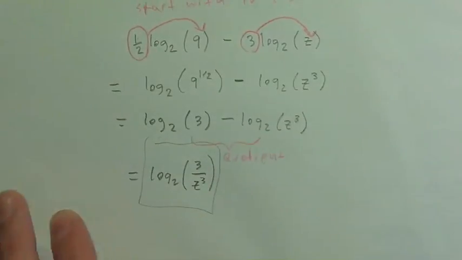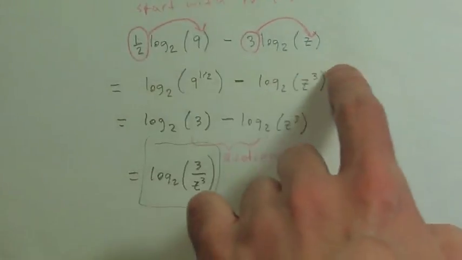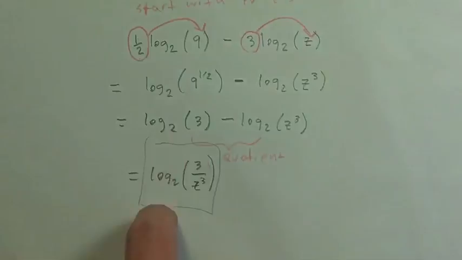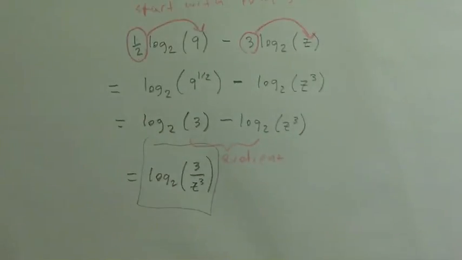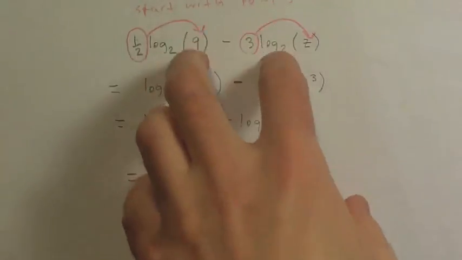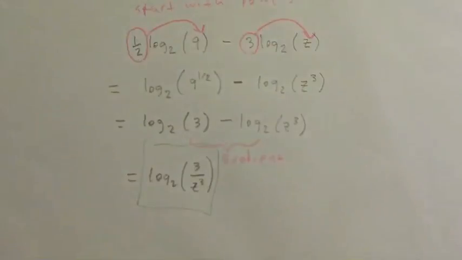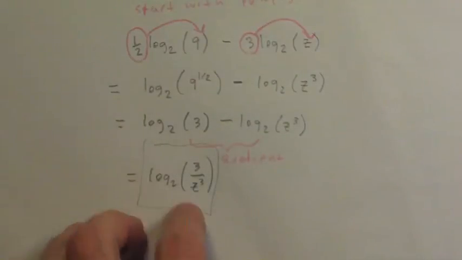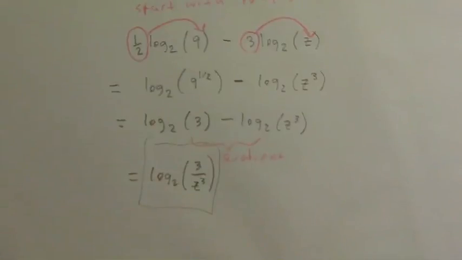We started with this expression and reduced it down to a single logarithm. Where this comes in handy is when you're solving equations or looking at applications, because when you set things up you get a big expression in logs, and reducing it down makes it so much easier to solve.